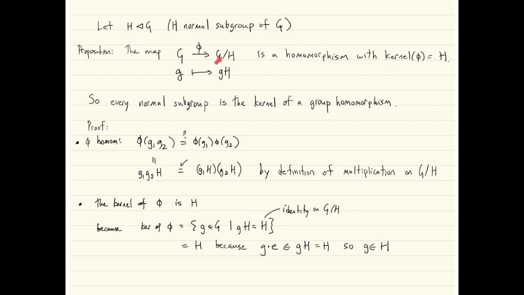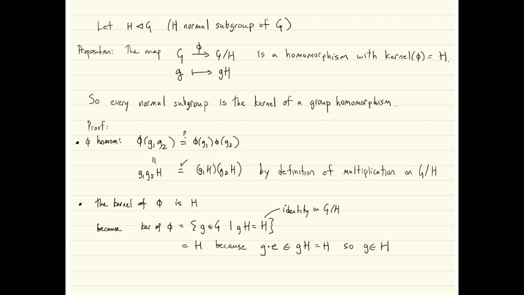The difficulty was making sure this is a group. Since H is normal, this G mod H is indeed a group. Okay, so for phi to be a homomorphism, what that means is phi of g1 times g2 equals phi of g1 times phi of g2. And well, on the left-hand side here, we've got g1g2H, since that's what phi does. It sends an element to that element times H, so to this coset. And we're wondering, is that equal to phi of g1 times phi of g2?